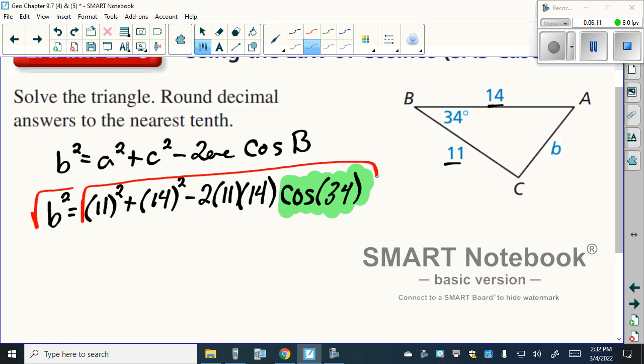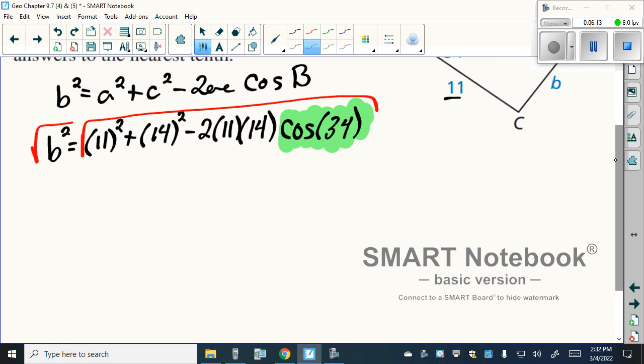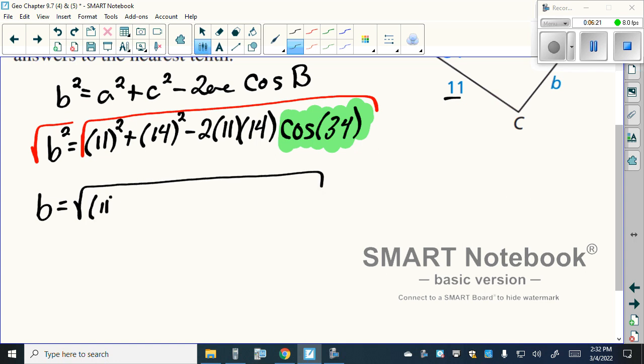So instead, to get a more precise answer, we just type it in as the square root of 11 squared plus 14 squared minus 2 times 11 times 14 cosine of 34. We can just type it all in with the square root, so we don't have to do each individual step.